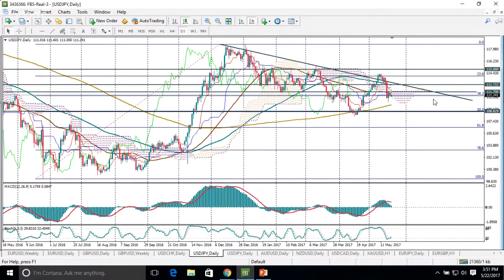Increase in the market's risk aversion can make the greenback go lower and test the lower border of this range, while some stabilization can allow the US dollar to get a bit higher versus the Japanese yen. But the main bias, I think, will be to the downside, and we'll get this consolidation in the levels I have mentioned.